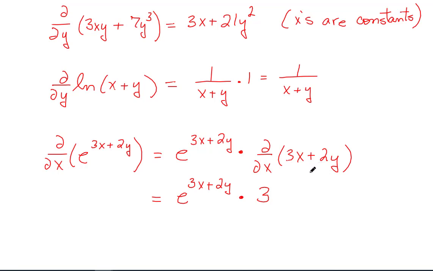Well, the derivative with respect to x of 3x is 3, but the derivative of the 2y with respect to x, since y is a constant, would be 0.